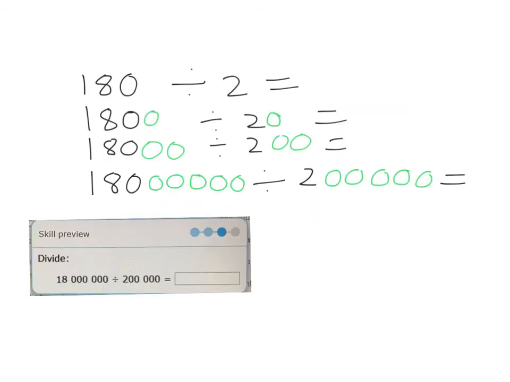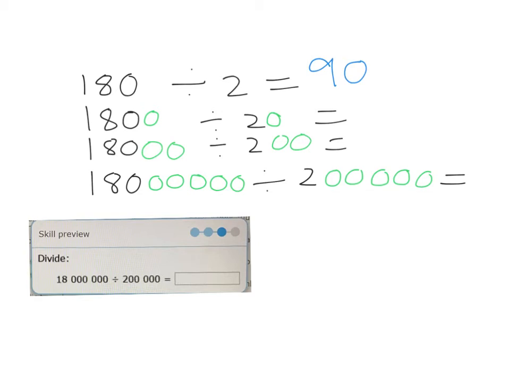Okay, in this example, we're trying to figure out what 18 million divided by 200,000 is. I want to show you this concept that I believe we can sort of cancel out some of the zeros. So I've started with a really simple question: 180 divided by 2. I know that 18 divided by 2 is 9, and I'm going to add a 0 on the end. I can also visualize for myself 2 times 90 is 180. If you want, you can prove that to yourself in multiplication.